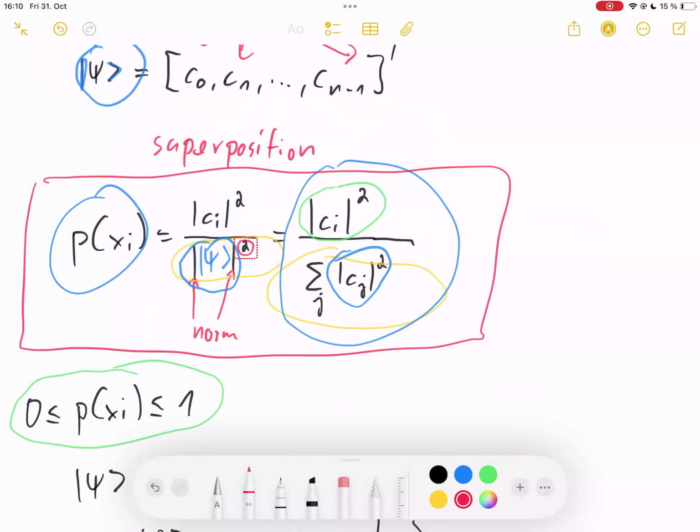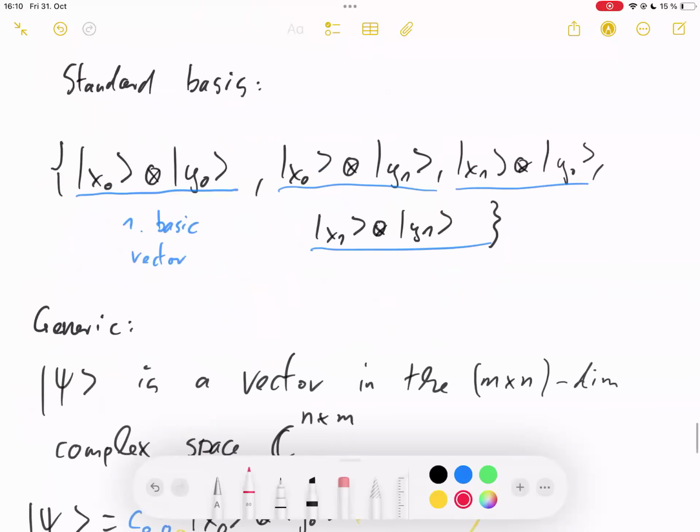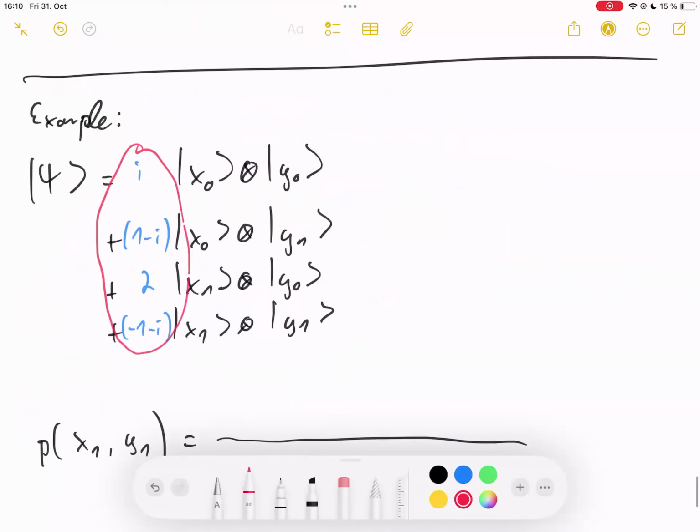What is key is the numerator, and if the amplitudes are not normalized, I need the denominator. So here I need the denominator too. But all I need is to pick the corresponding probability or complex amplitude here. And that's what I'm doing now for my composite system.